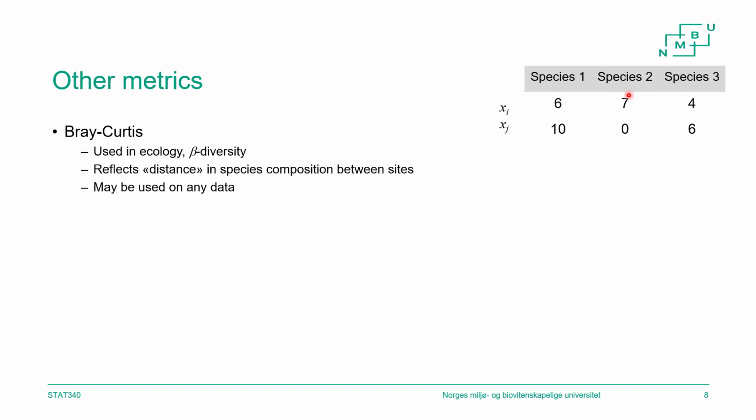This is something that ecologists sometimes do. And then you go to a second forest and you do exactly the same thing. You go looking for the same 3 species and count how often you see them, as a measure of how common these species are at these 2 different sites. And now we are interested in how different are these 2 forests, these 2 sites, with respect to species composition.